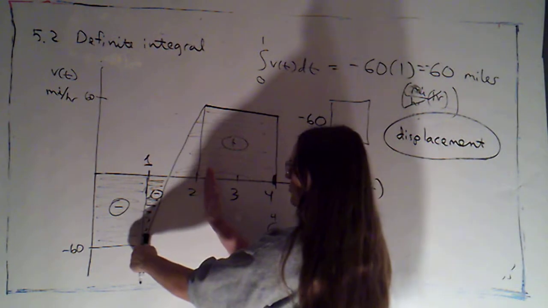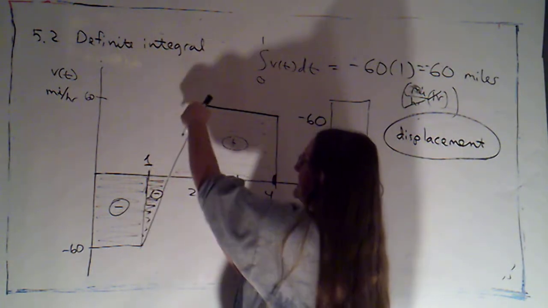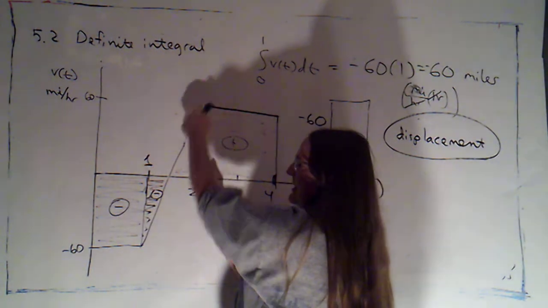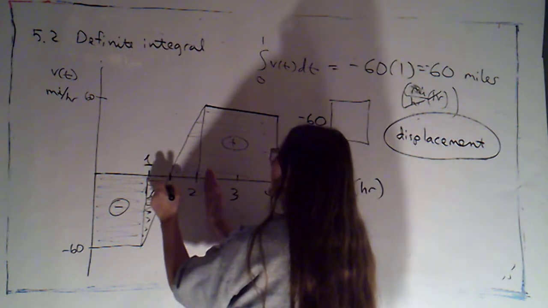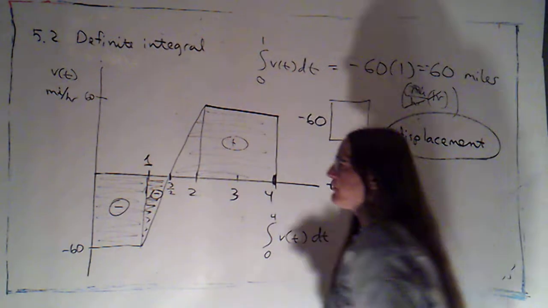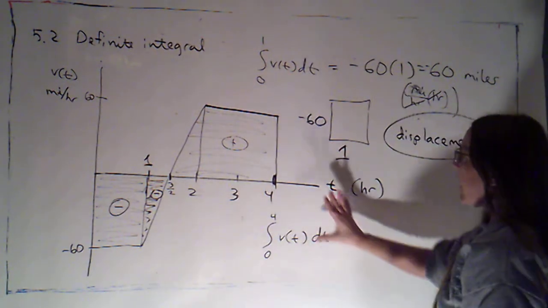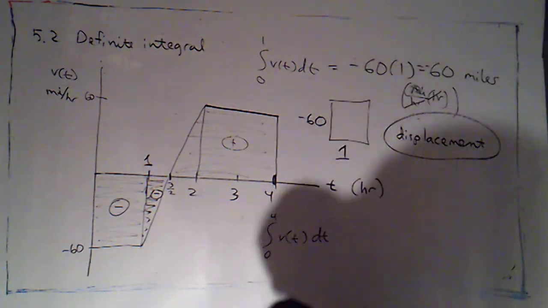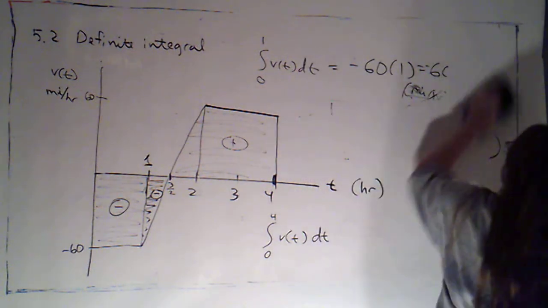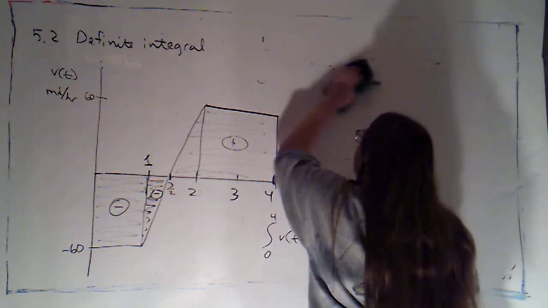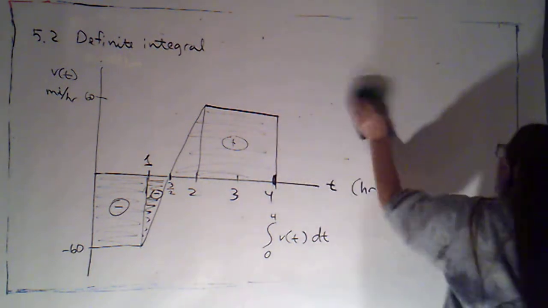If this was a straight line going from negative 60 to positive 60 over this interval of length 1, that's going to cross through the x-axis halfway through. So I can view this integral that I want to do as a sum of signed areas. I don't have to do it all at once.